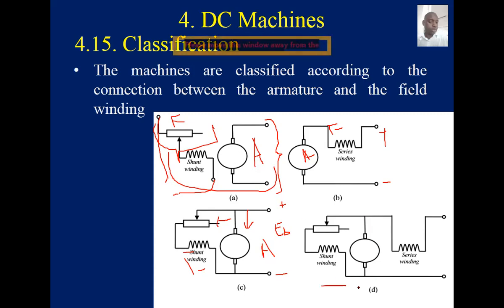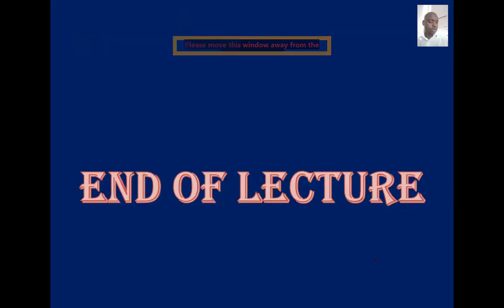Then there's what is called a compound machine, which has two separate field windings. One is connected in series with the armature winding, and the other one is connected in parallel with the armature winding. So that's again another variation of the type of electric machines. So for today, that is what we will look at.